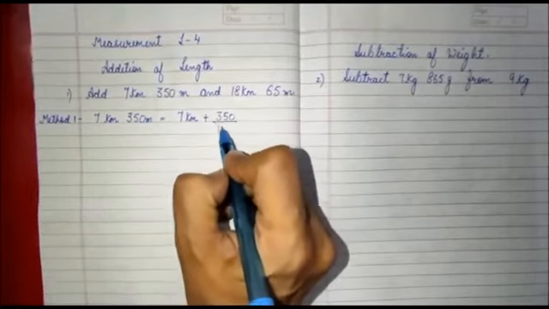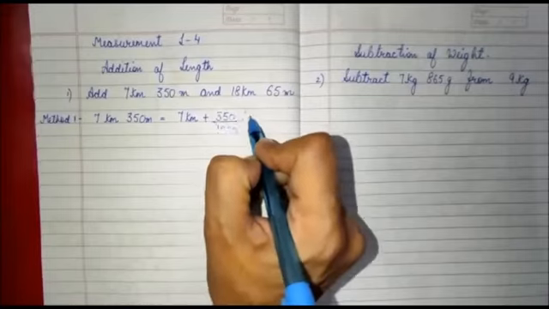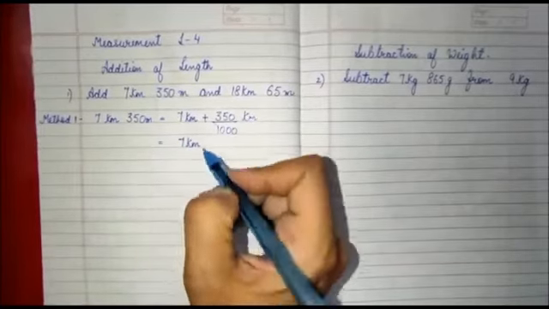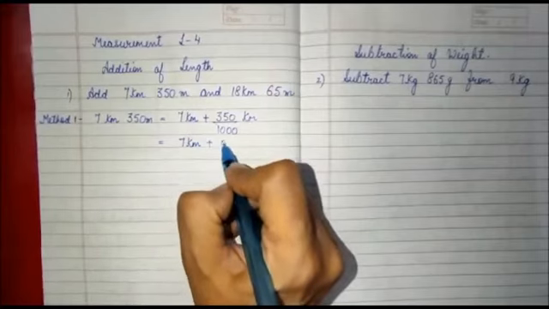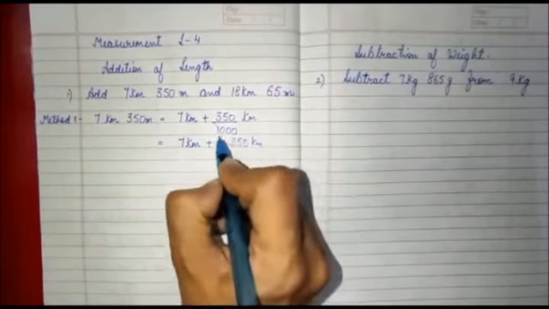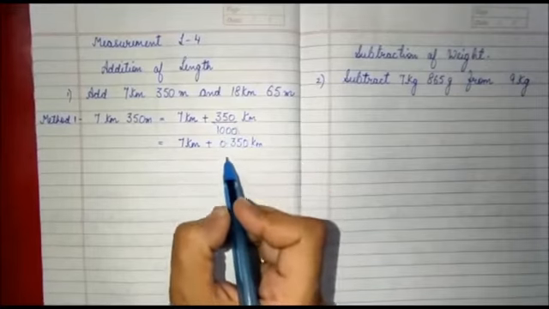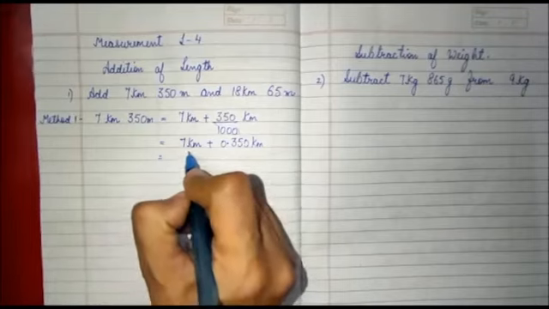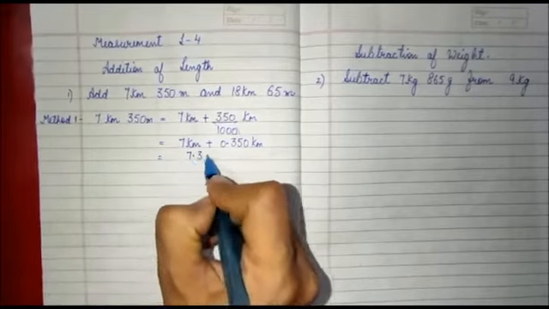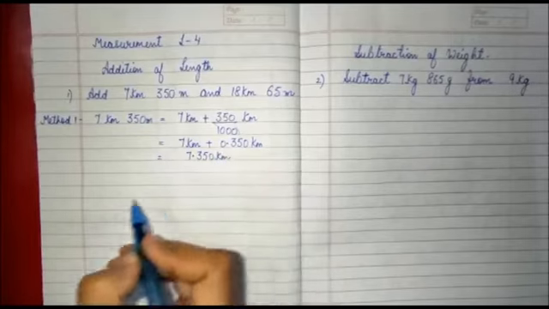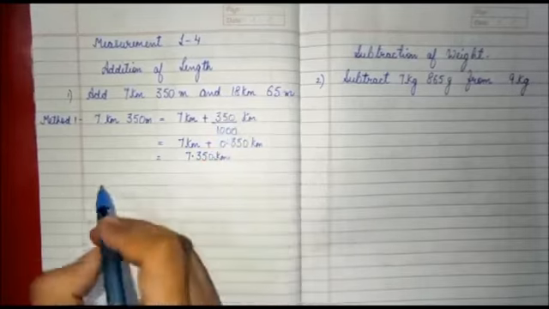So this will be divided by 1000 to make it into kilometer, which I can further write it as 7 kilometer plus 0.350 kilometer. As I have 3 zeros in the denominator, so I will have my decimal before 3 digits. Now after adding, I will get 7.350 kilometer.